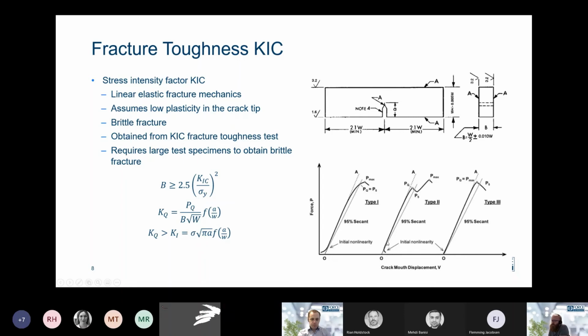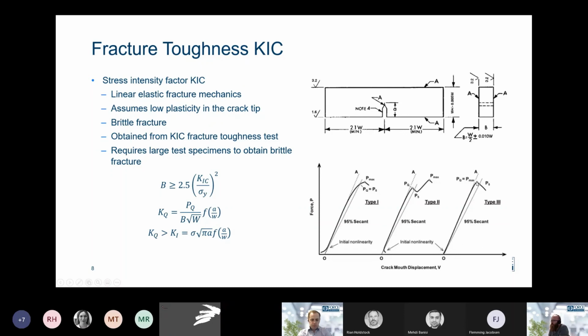If we have a pop-in, so there might be some porosity in the material that makes the curve go a little down, so we get a small fast break in the test, then the PQ is at the top point here, and we have a P5 at the 95% secant. So they are not equal to each other as they are over here.